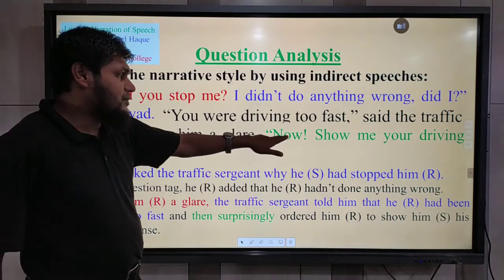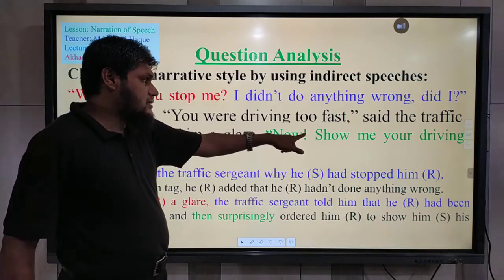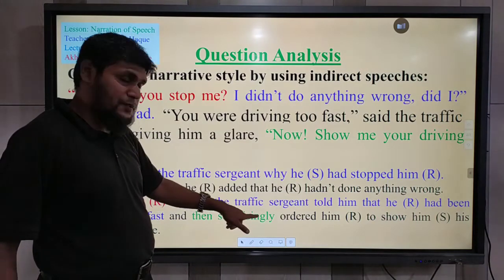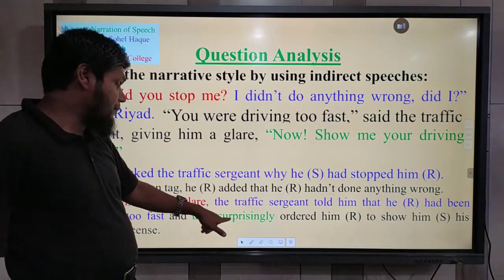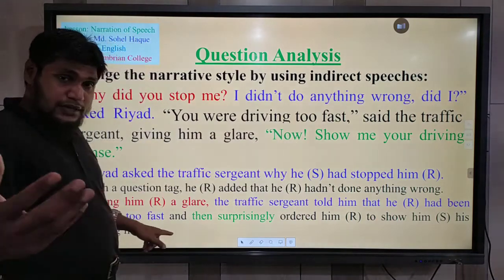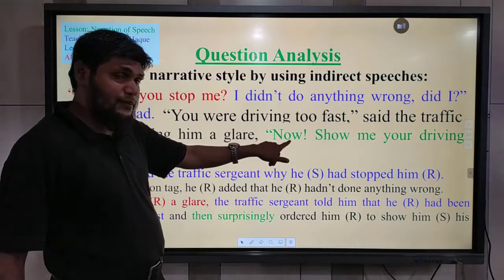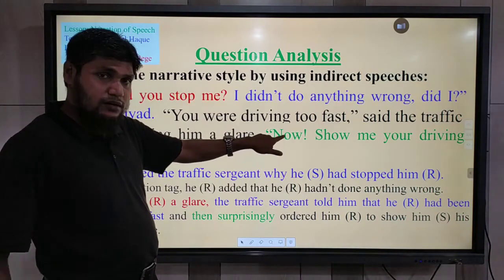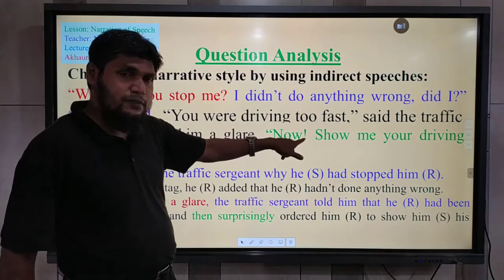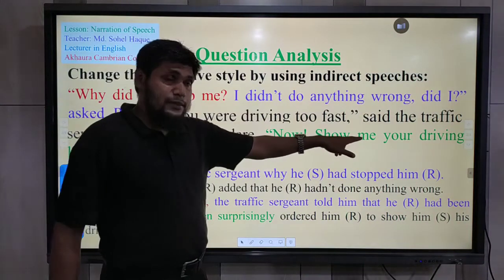We know that if there is now, you should use then, and this is a note of exclamation. So I use surprisingly here. You may use surprisingly instead of the note of exclamation. Now change it to then, and use surprisingly instead of the note of exclamation.